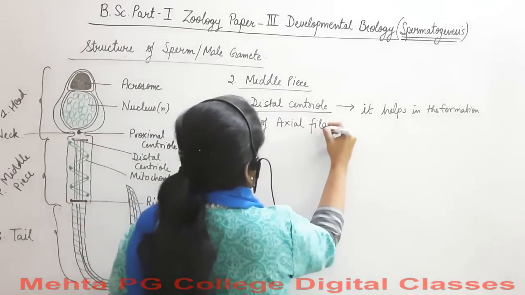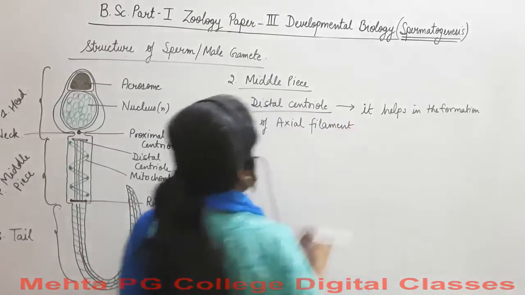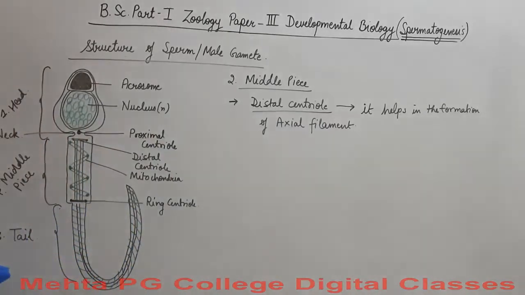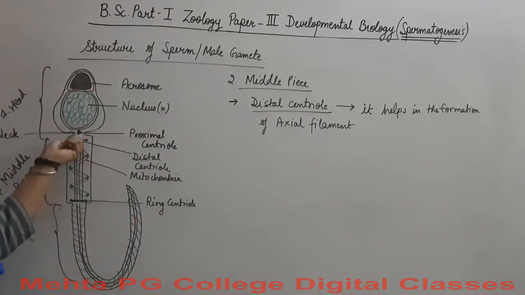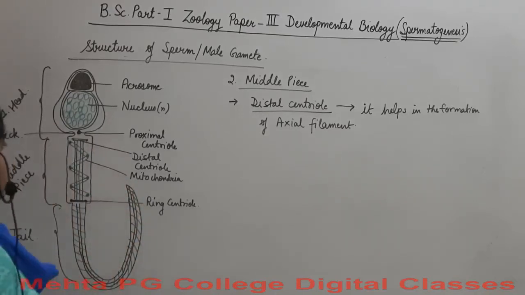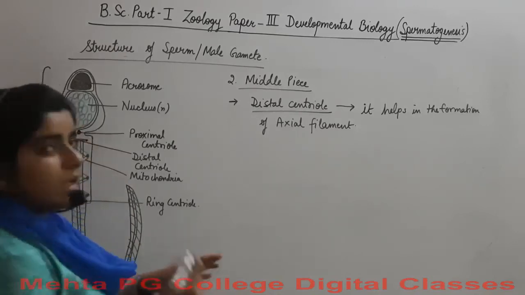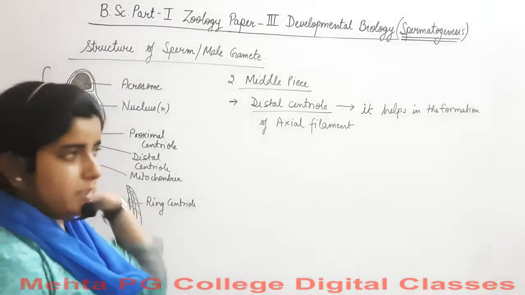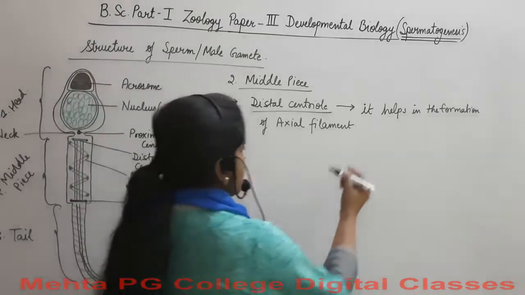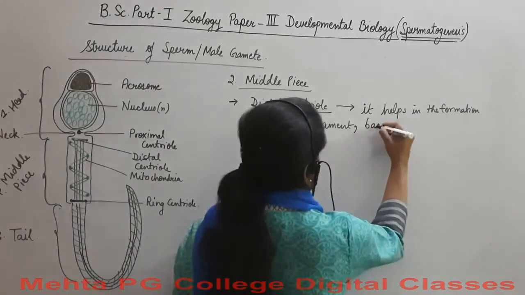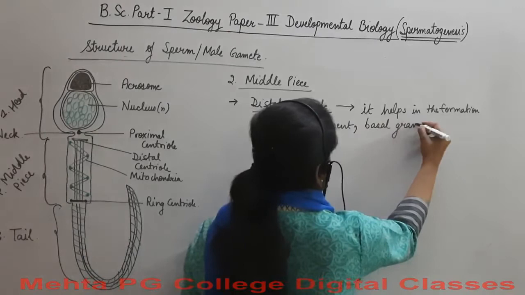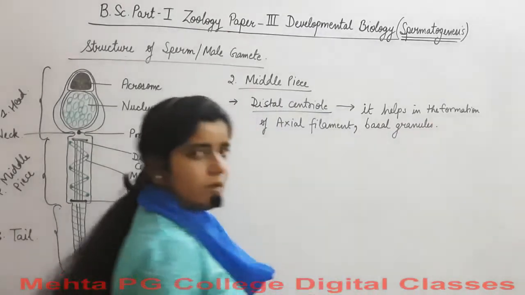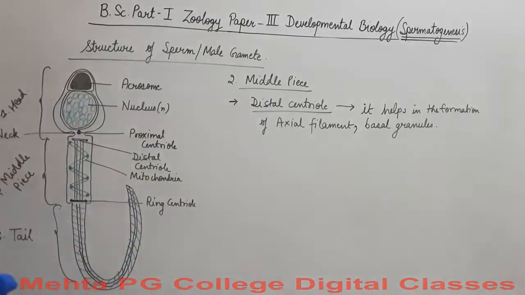From this region the axial filament starts forming and extends till the tail region. This is the axis of the gamete, and here basal granules are also formed.